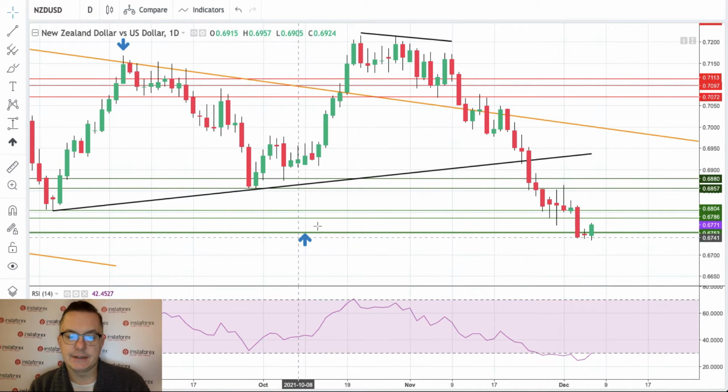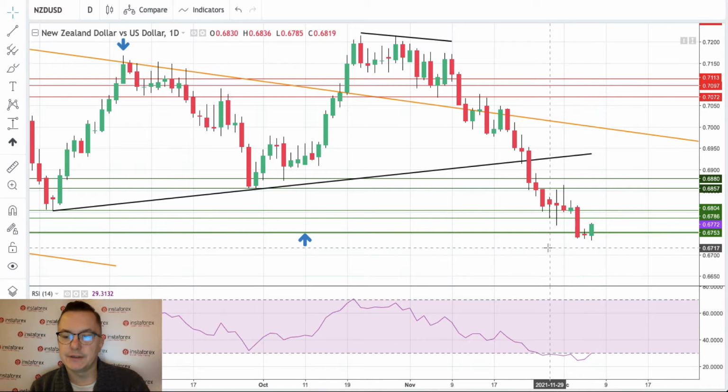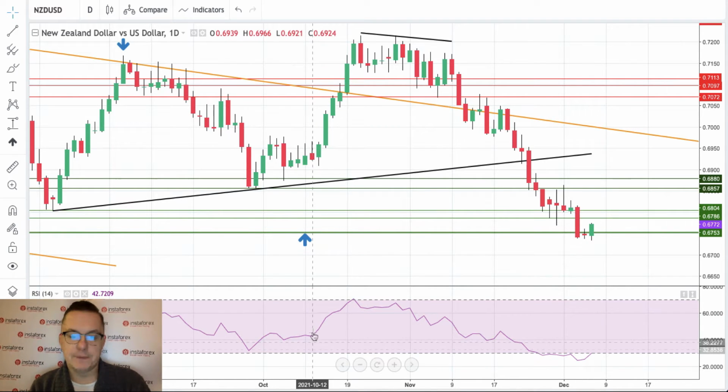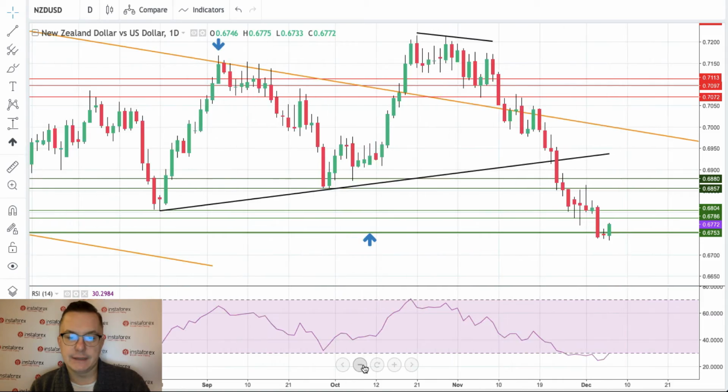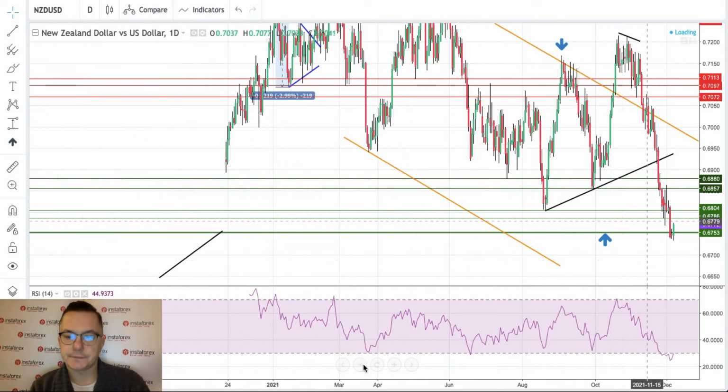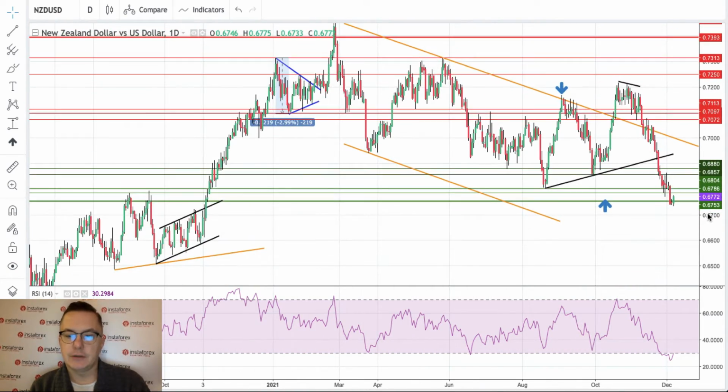Nevertheless, as you can see, this is the key technical support. It has been violated because the low of this sell-off is at 6,738, so it's about 12 pips lower.